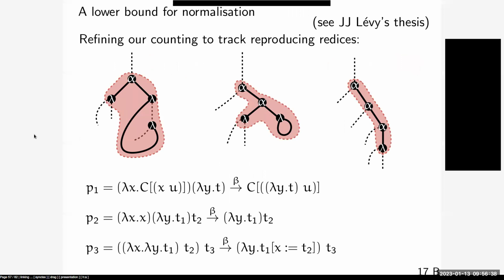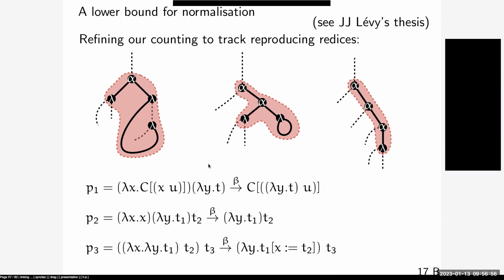If we wanted a better lower bound, our goal would be to refine our counting to track reproducing redices. There has been a classification, and for this you can see Levy's thesis, of exactly which kinds of redices reproduce. These are exactly the 3 general families of redices whose reduction produces a new redex.